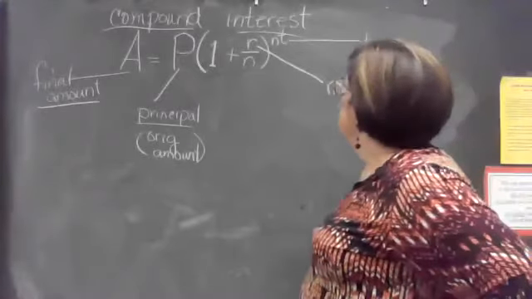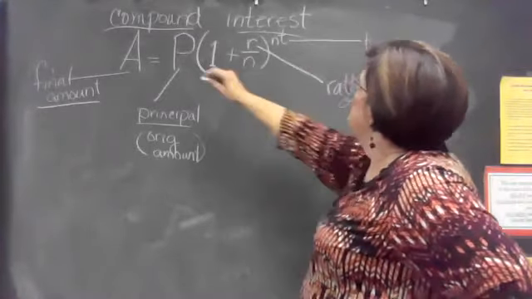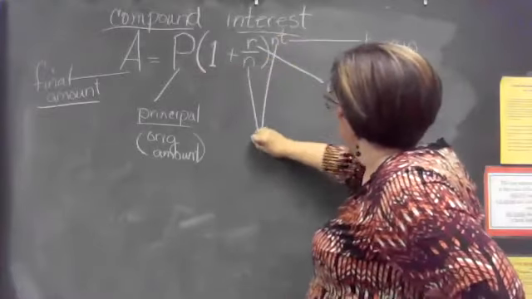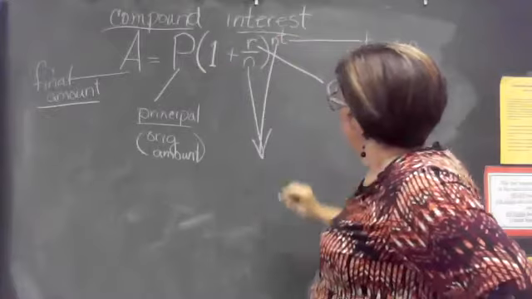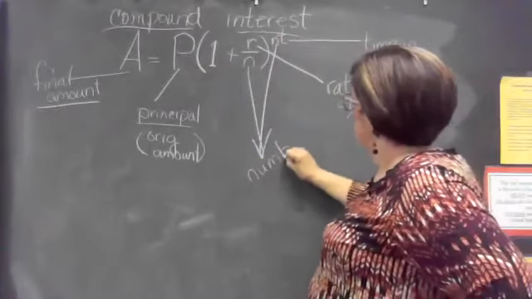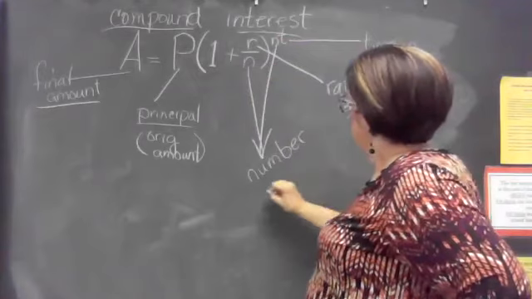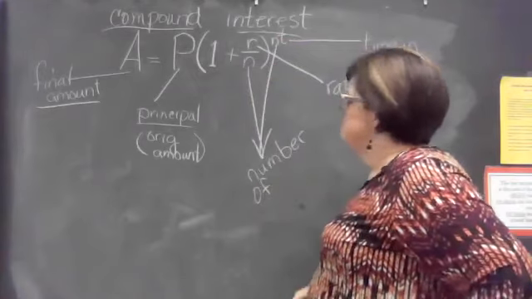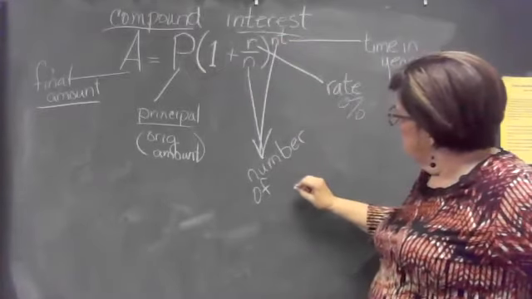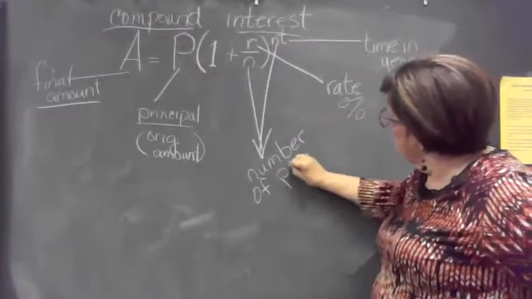Now, the N is the only new one, well, the A was too. This N and this N are the same thing. This is the number of periods.